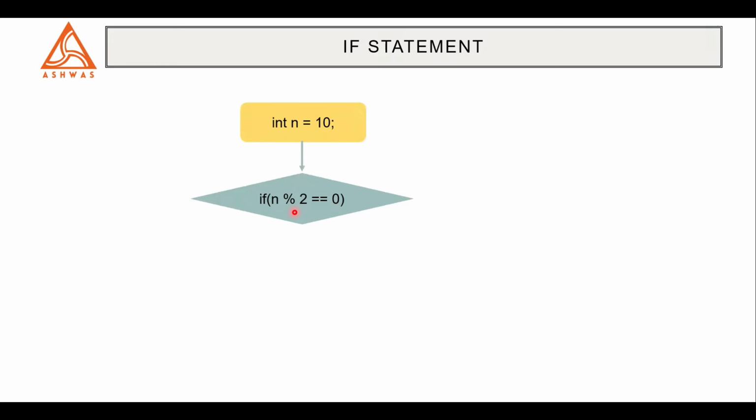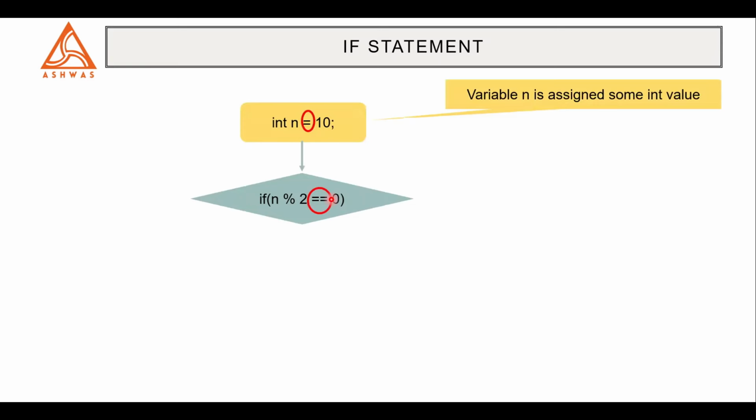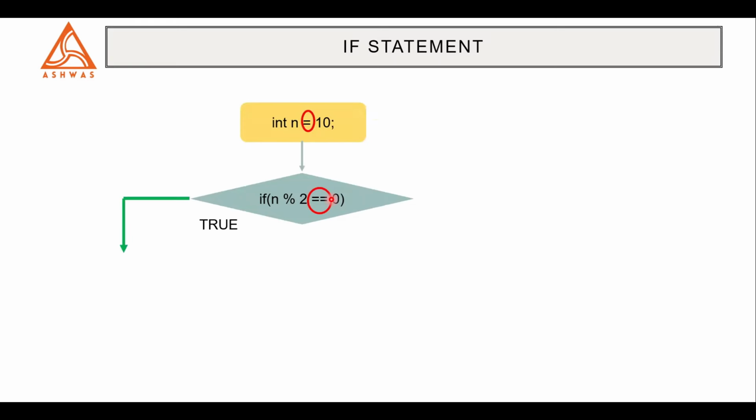So let's say that here, if the value of n is completely divisible by 2, I want to print n is an even number.